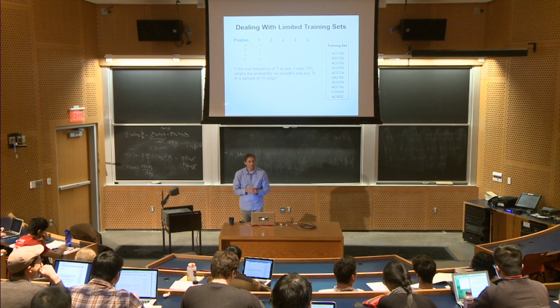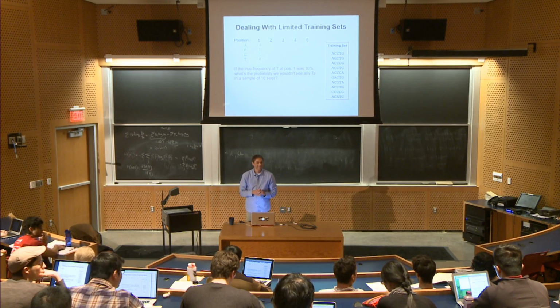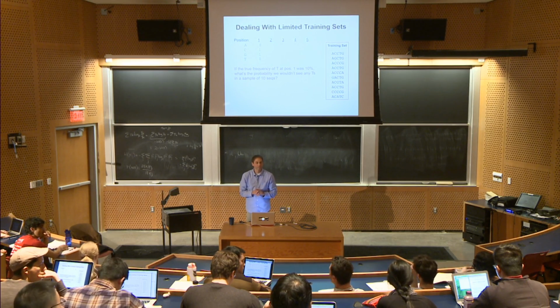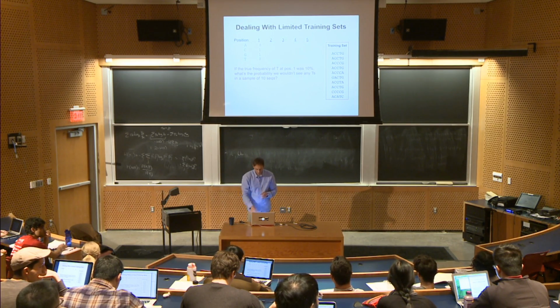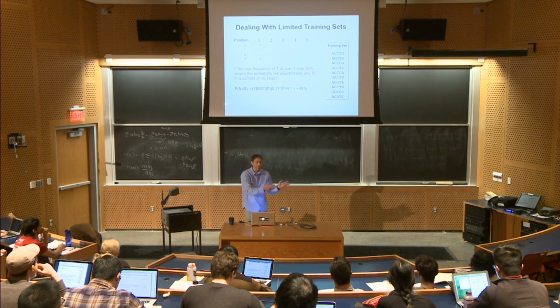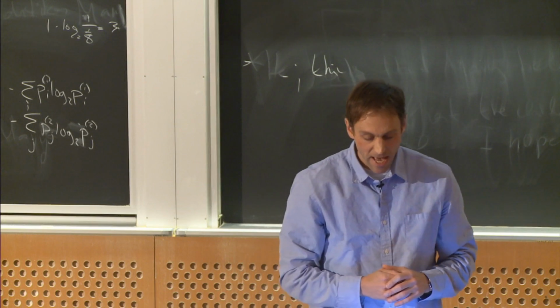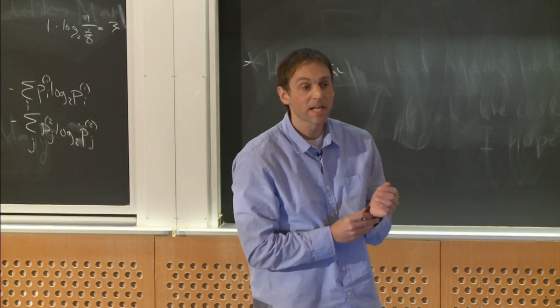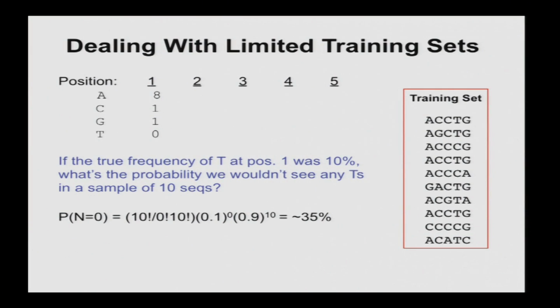And what is that? 0.9 is the probability that you grab one and you don't see a T, and then you do that 10 times. Yeah, exactly. In general, it's a binomial thing, but it works out to be 0.9 to the 10th. And that's roughly a Poisson with a mean of 1, so it's roughly e to the minus 1, about a 35% chance that you don't see any T's.